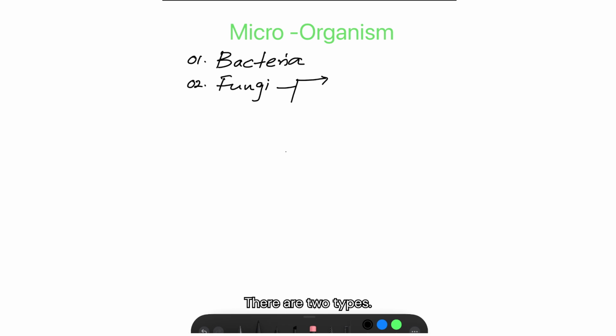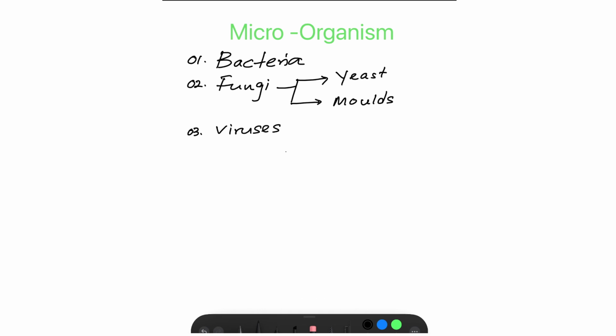There are two types, yeast and molds. The third category is viruses. All these three are called microorganisms.